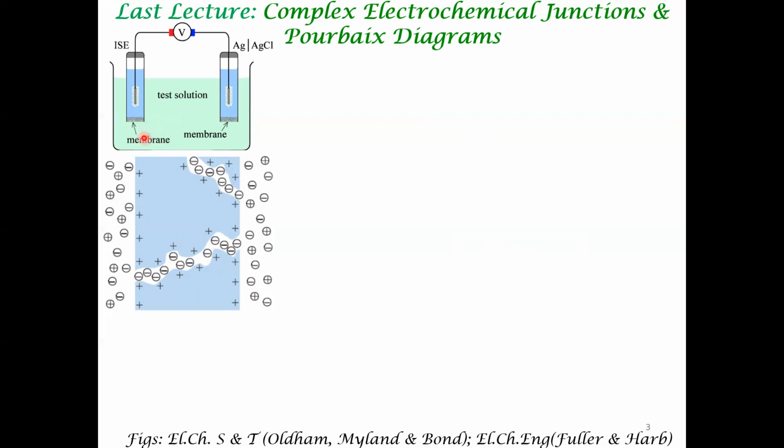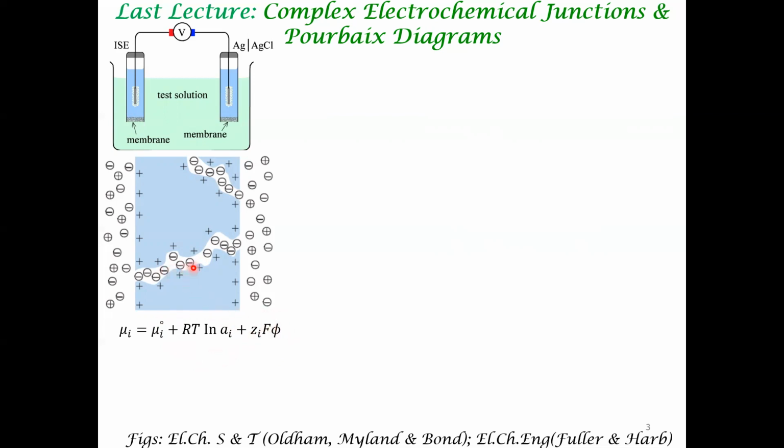When you insert such an ion selective electrode, there is an equilibration of chemical potential. That is, the chemical potential of an ion inside the membrane is equal to the chemical potential of the ion outside the membrane. If you remember the definition of chemical potential, in this case the electrochemical potential, there are two components: a chemical component, which depends upon the activity of the ion, and an electrical component.